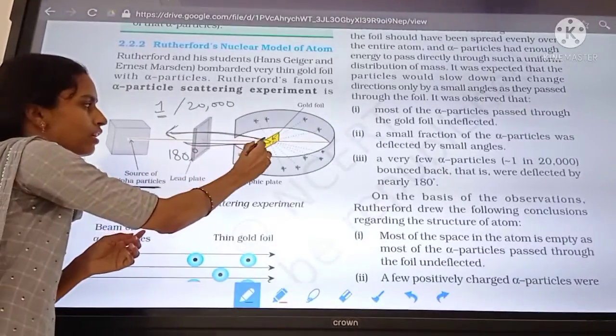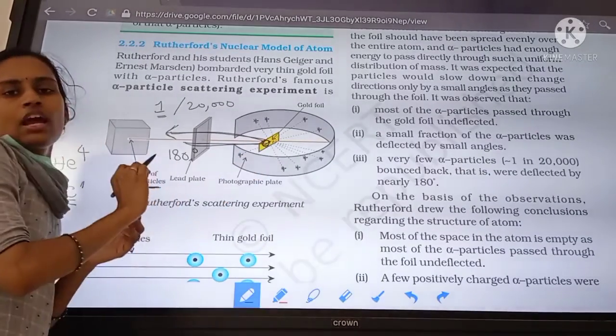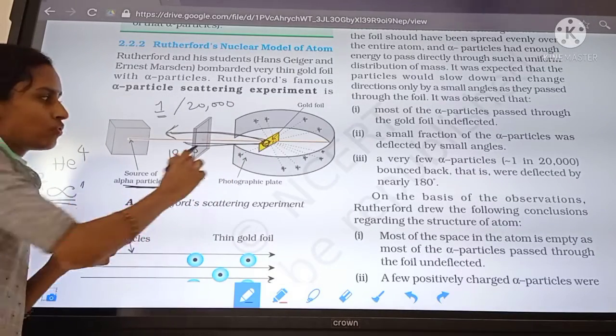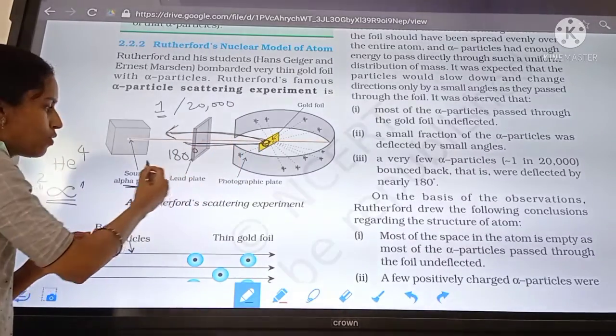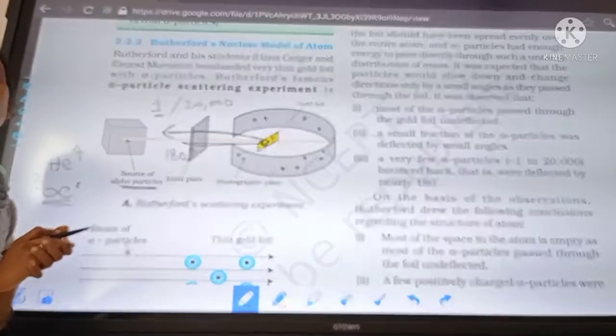Where they are deflected, that space is very small, and it has plus charge. That's why repulsion is there. Positive will have repulsion, so they are deflected by 180 degrees.